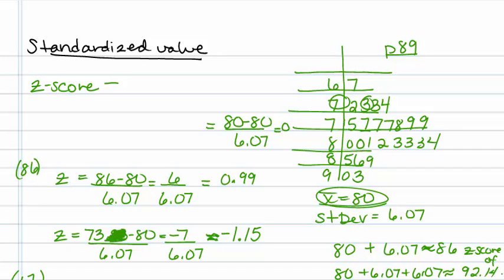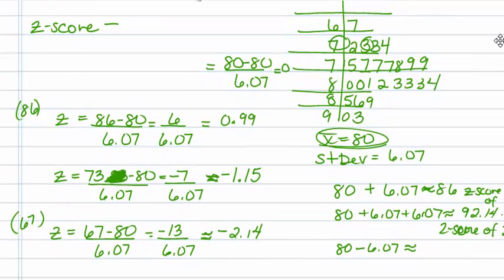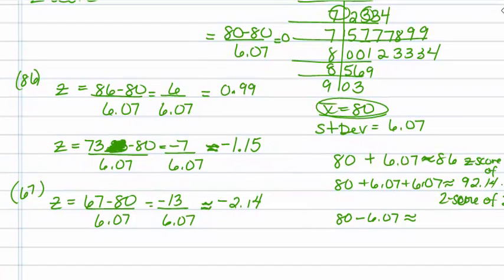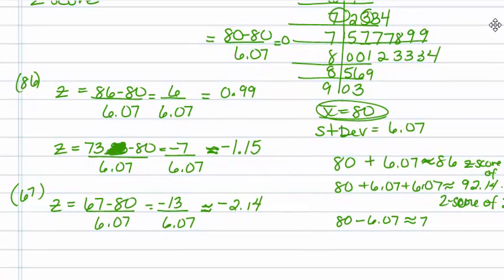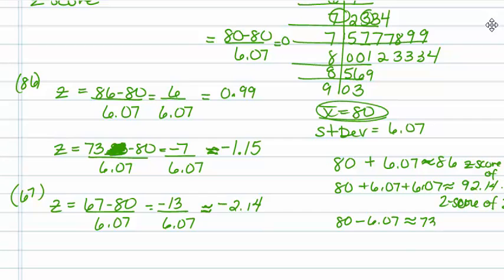And you can go downward as well from the mean. If you take away the standard deviation and go 1 standard deviation away from the mean, you'd end up at about 73.93, something like that. And that should be a z-score of -1.